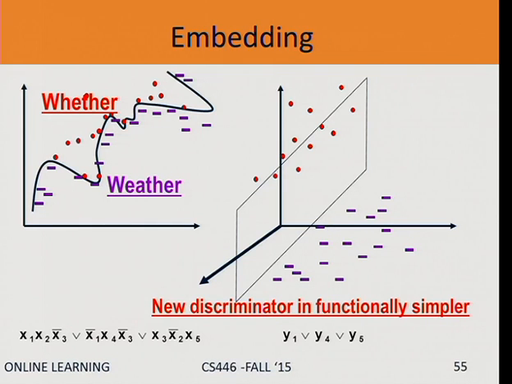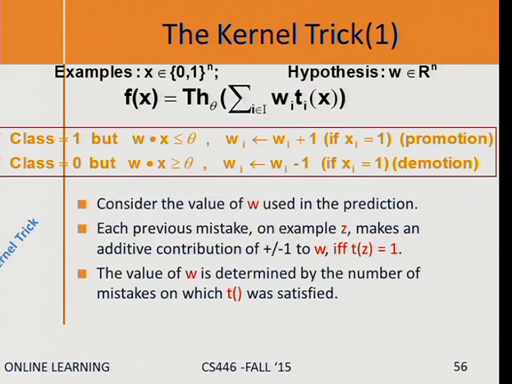In this case, all I allow is conjunctions of size 3, so it's only cubic in size. If I allow all the monomials, it's going to be exponential in size. Either way, in the new space, what I have is a simpler function. Okay, so now let's see how we can compute this in the dual space.